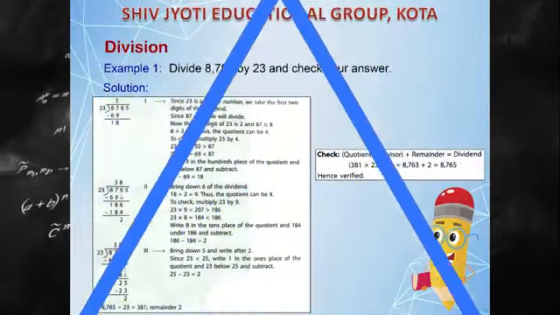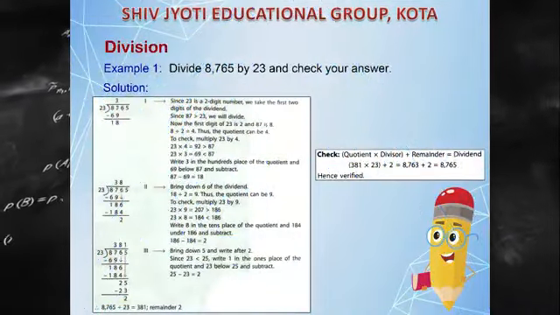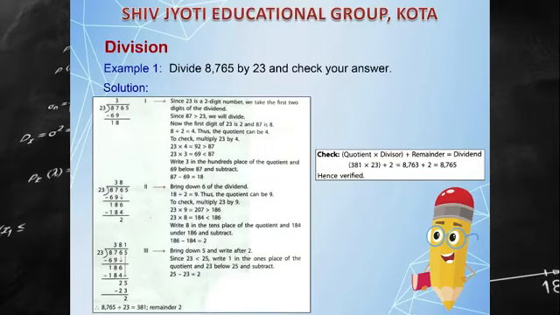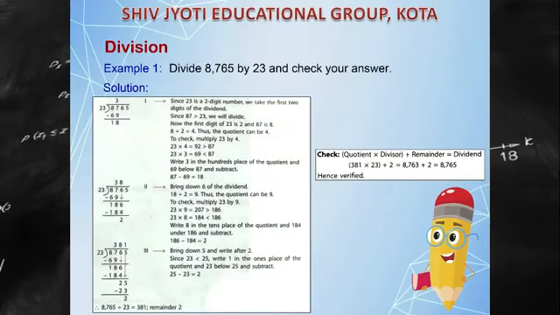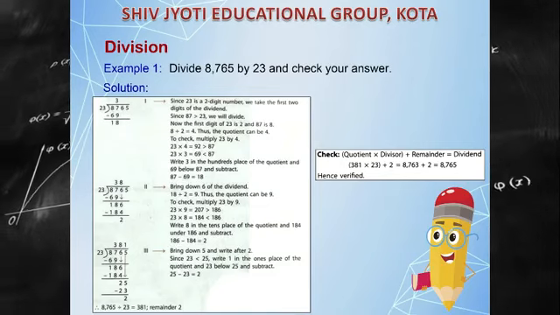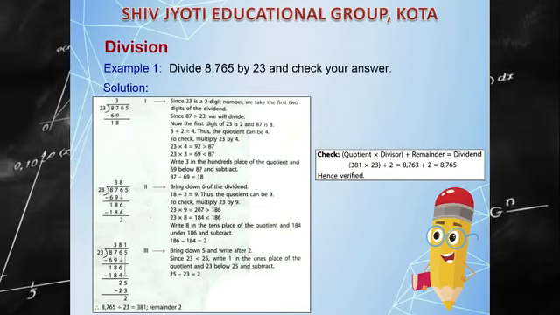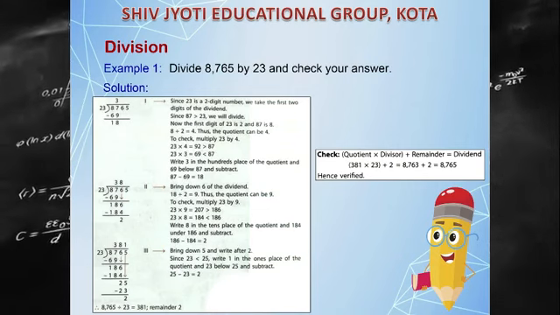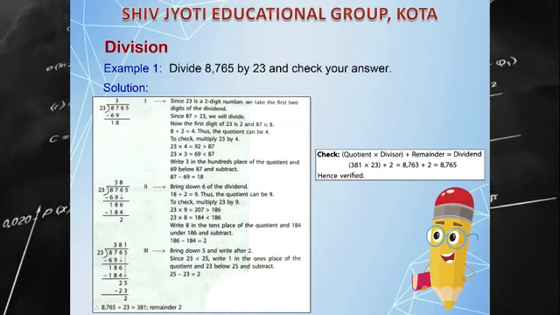Now we will understand division with the help of an example. So let's divide 8,765 by 23 and check the answer. So step 1.